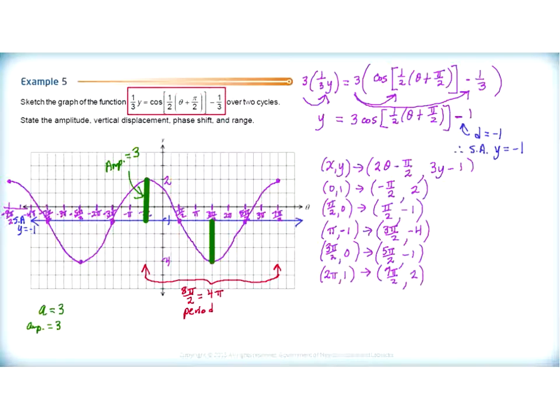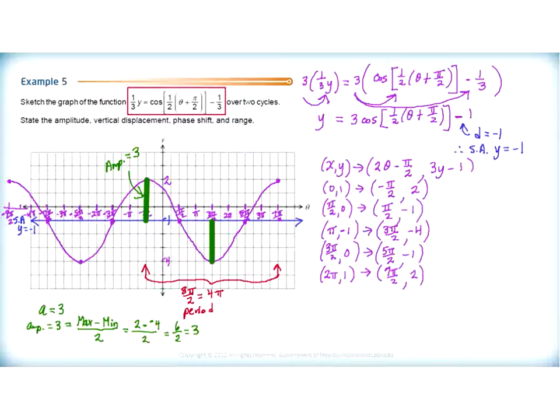is equal to 3. You could have also used the formula to determine the amplitude by taking the maximum value of the function and subtracting the minimum value and dividing it by 2. The maximum value is 2, minus a negative 4, all over 2 results in 6 over 2, which is still equal to 3.